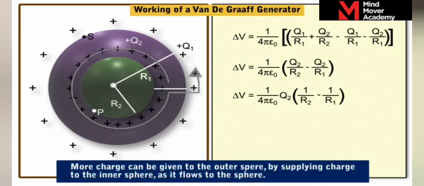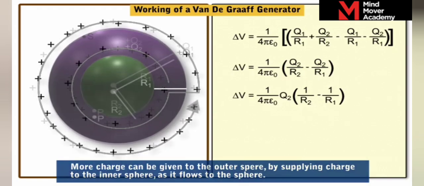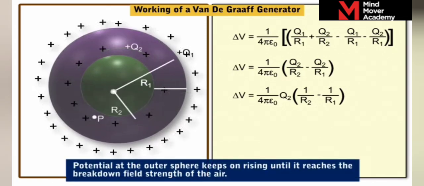Therefore, we can keep on adding charge to the outer sphere by supplying charge to the inner sphere, as it flows from the inner sphere to the outer sphere. Therefore, the potential at the outer sphere keeps on rising till it reaches the breakdown field strength of air, when it starts leaking off to the air.